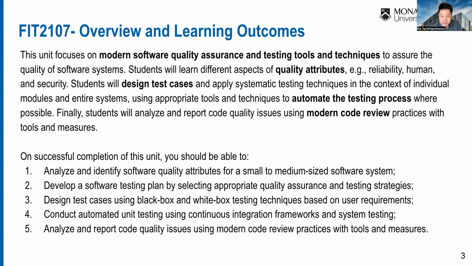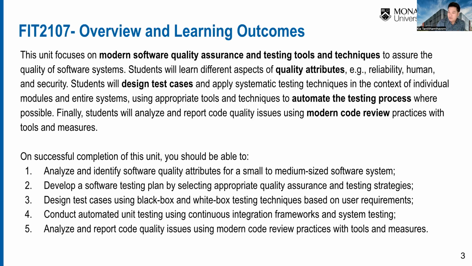Okay, just to give you a background, why do we need to enroll or study about software quality and testing, and what is the purpose of this unit? Think about when we develop a software, we want to ensure that there's no bug, so it does not cause any loss to the companies or the organizations. So that's why we need to learn about modern software quality assurance and the software testing tools and techniques.